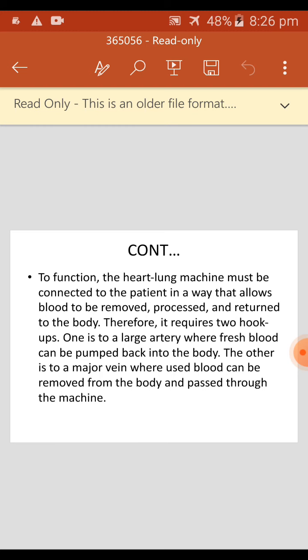Cardiotomy reservoir. The function of the cardiotomy reservoir is, first, it collects and filters the blood aspirated from the operation area and feeds it back into the ECC as required. Second one, it provides volume storage.